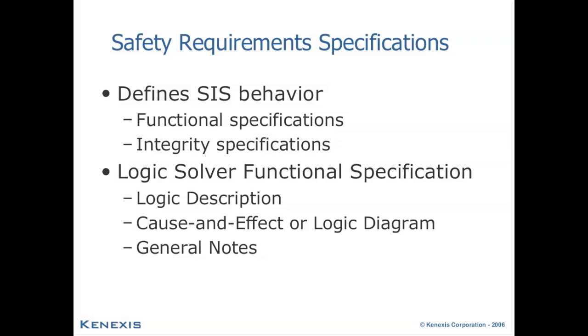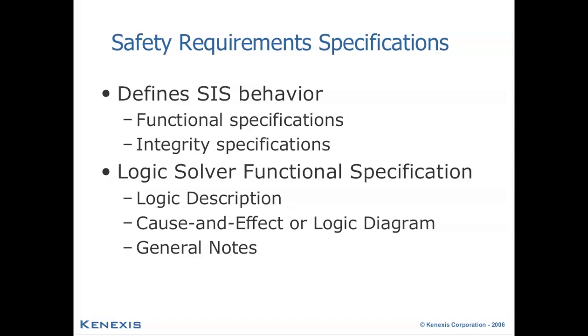The next step in the safety life cycle would be generating safety requirement specifications. There are a number of detailed specifications that are required per the S84 standard. Those generally can be described as specifications that describe the SIS behavior, how it should behave from a functional standpoint, and the integrity specifications, including what it needs to do when certain fault conditions occur.